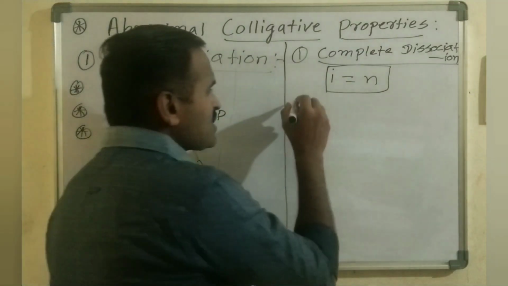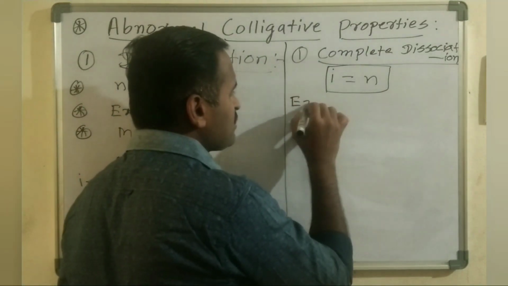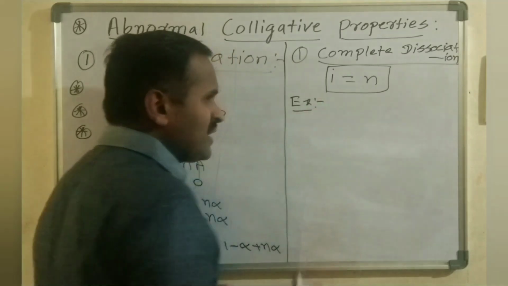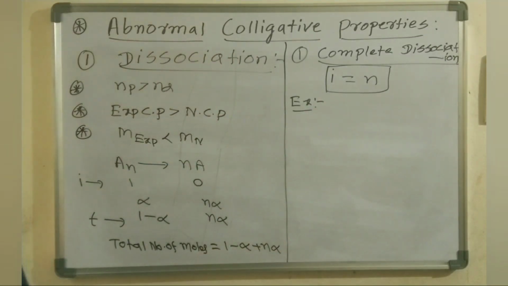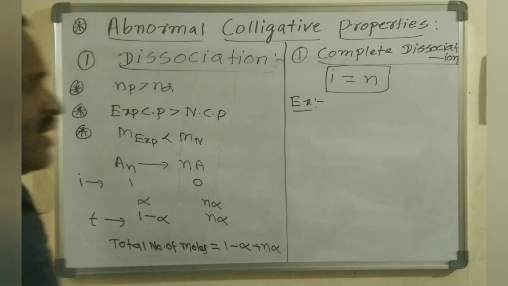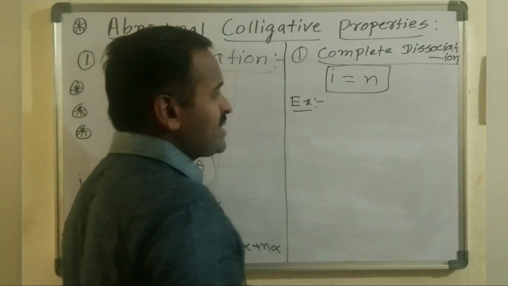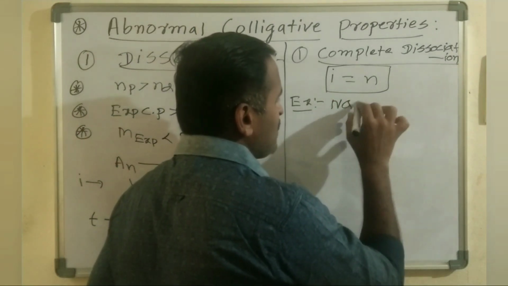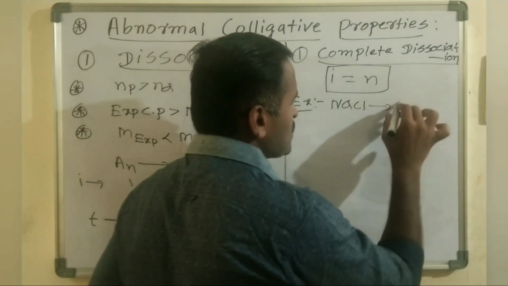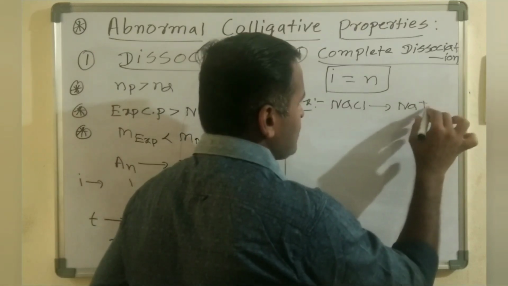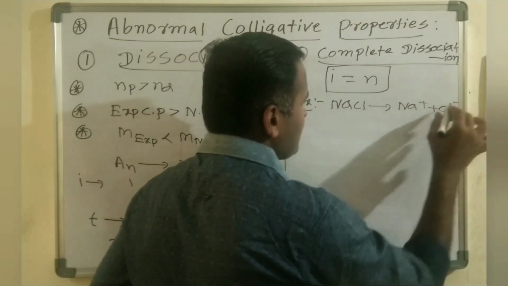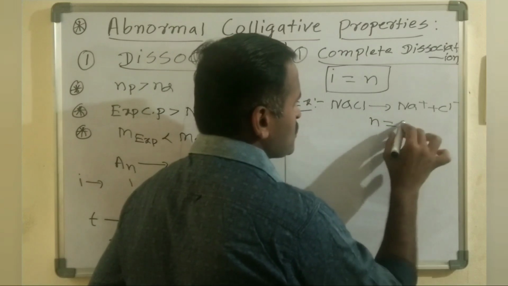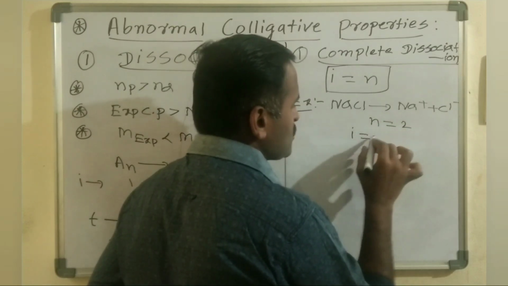Ionic compounds and strong electrolytes are the best examples of complete dissociation. I am taking NaCl as one example. NaCl dissociates into Na plus and Cl minus. That means n is equal to 2 and the Van't Hoff factor i is equal to 2.